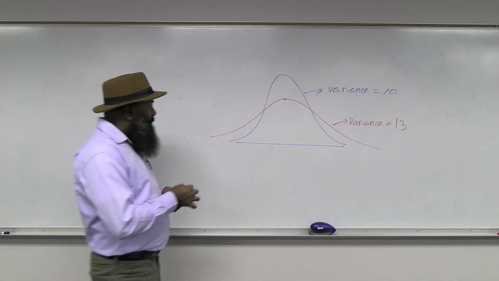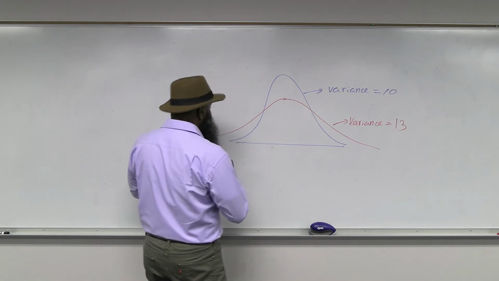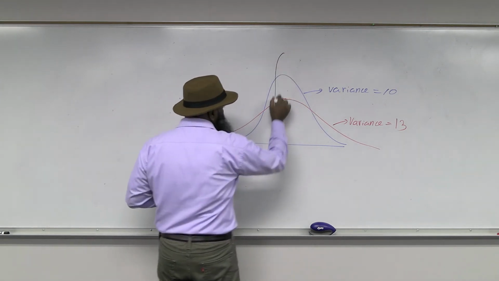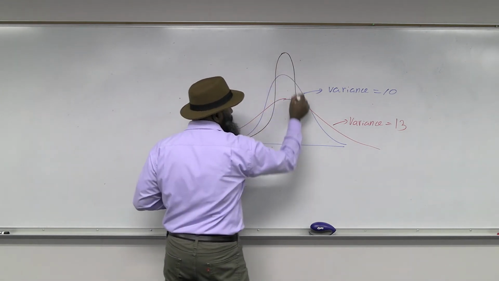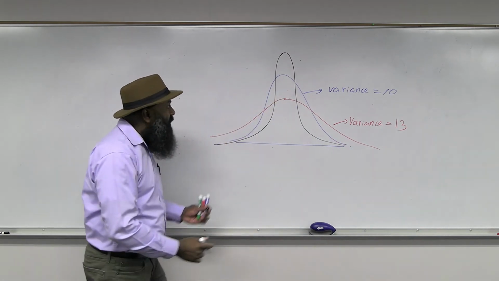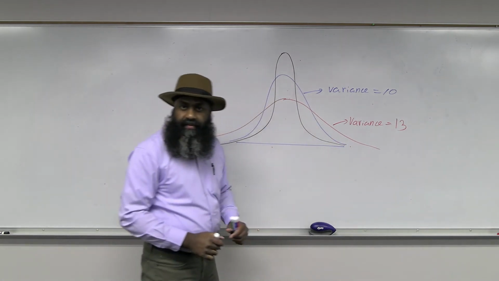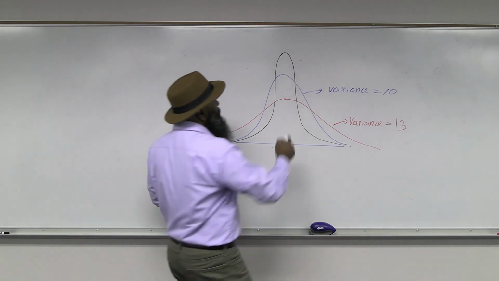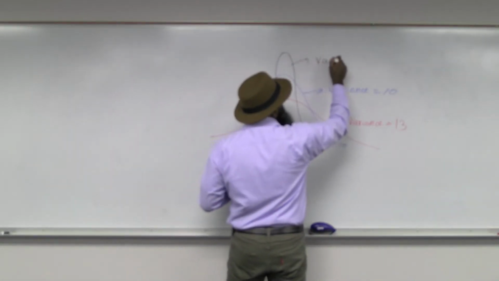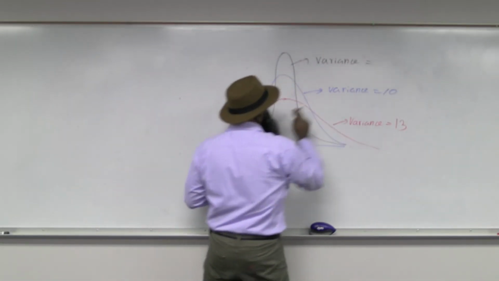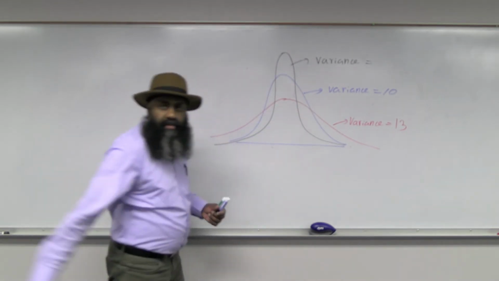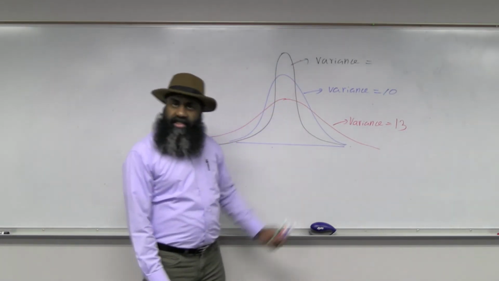And if I have another distribution like this, you can see most of the data points are very close to the center. That means this distribution must have a smaller variance than the distribution given in blue. In fact, it should have the smallest variance.